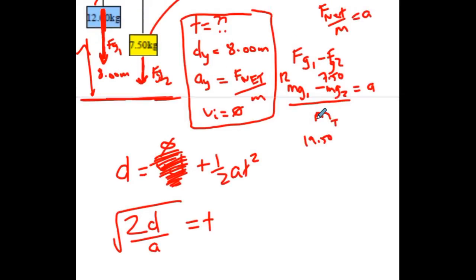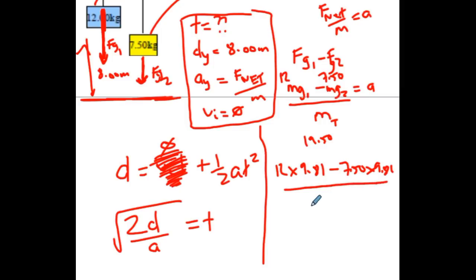First, I think I'm going to calculate my acceleration. So I'm going to work with this now. Let's see if I can draw it off to the side here. I'm going to go 12 times 9.81, and then I'm going to minus 7.50 times 9.81, and I'm going to divide that all by the total mass of 19.50, and this will give me my acceleration.